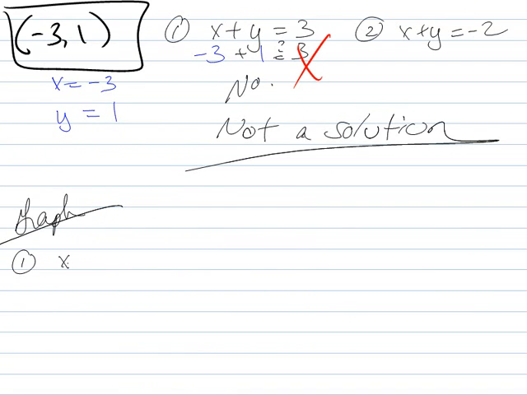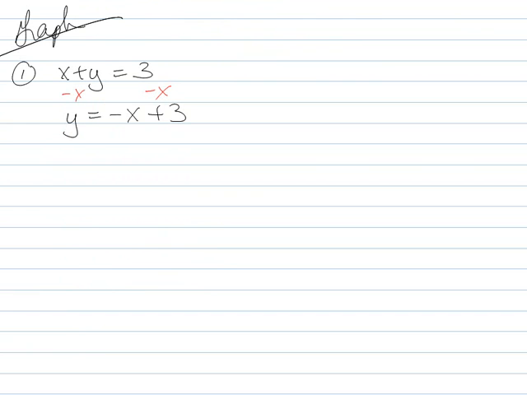So our first one was x plus y equals 3. If we want to get that into slope-intercept form, we're going to get y equals negative x plus 3. So that means that our slope is negative 1, and our y-intercept is positive 3, right?